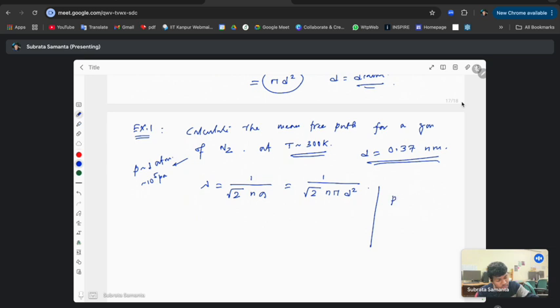P equals n kB T, so n is 10 to the power 5 Pascal over kB times the temperature 300 Kelvin, and kB is 1.38 times 10 to the power minus 23, right? So this gives you 10 to the power 25 per meter cubed.